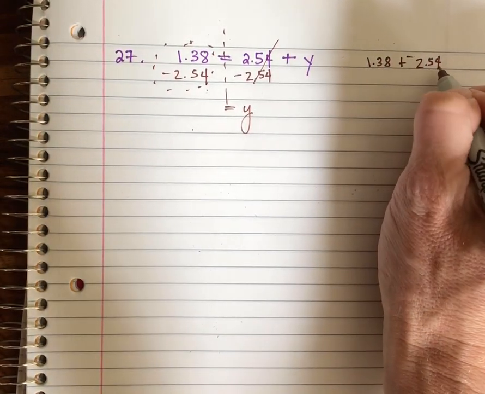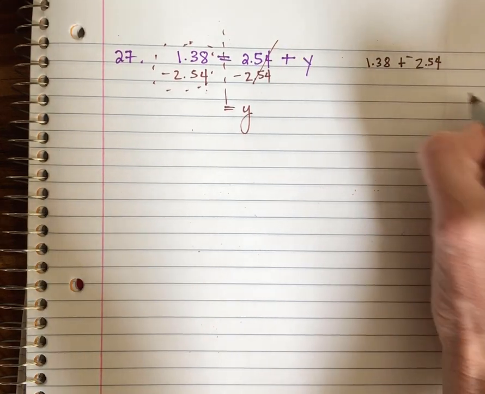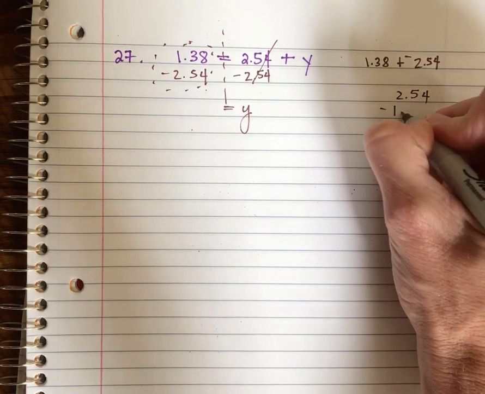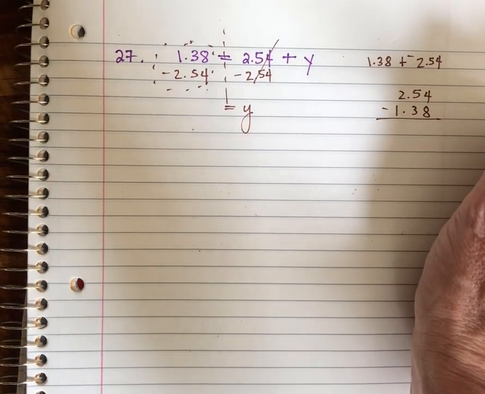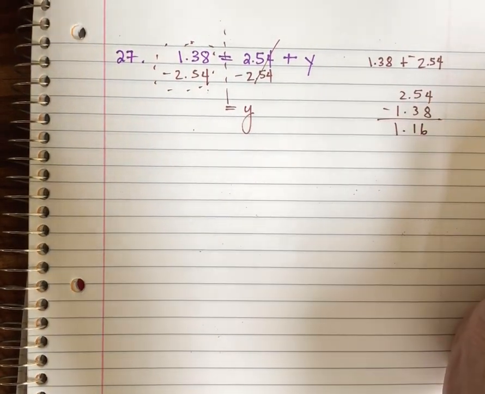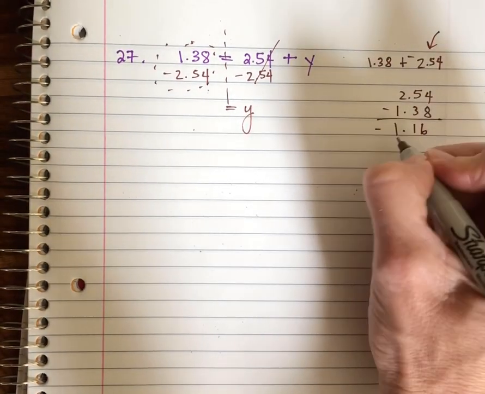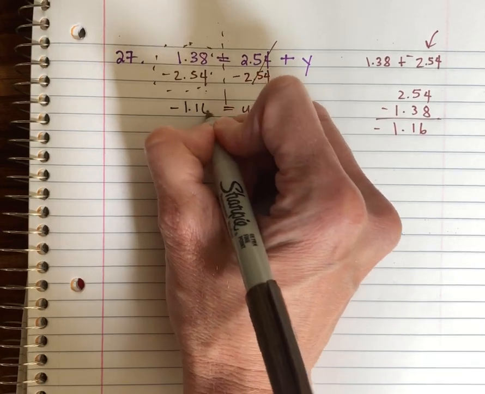I owe 2.54, I have 1.38, so we're going to subtract these to figure out what we still owe. Okay, so when I subtract both of those, here's what we got, but I owed more. So this is a negative. So y equals negative 1.16.